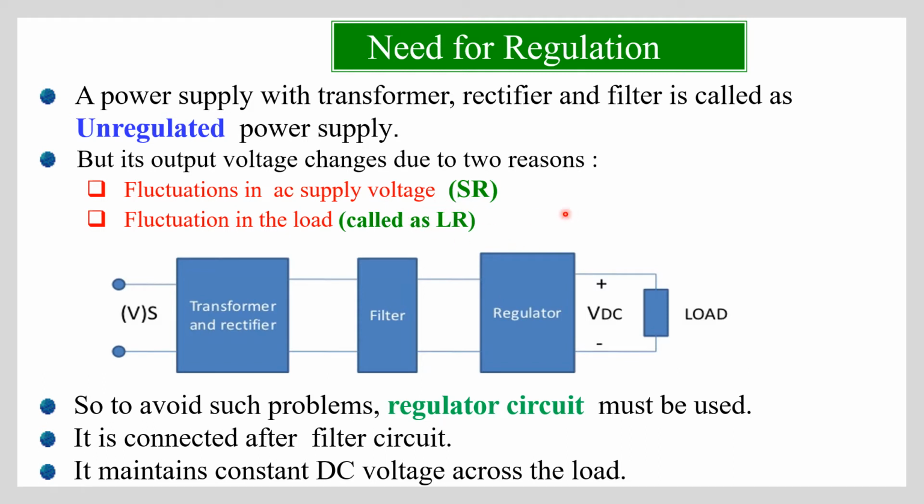To avoid such problems, a regulator circuit must be used. It is connected after the filter circuit and maintains the DC voltage across the load constant. For constant DC, it should not vary, so we use the regulator circuit. Is it clear why regulation is needed?